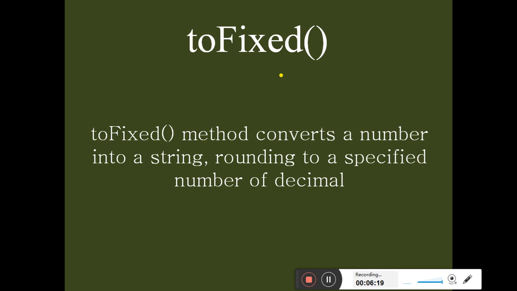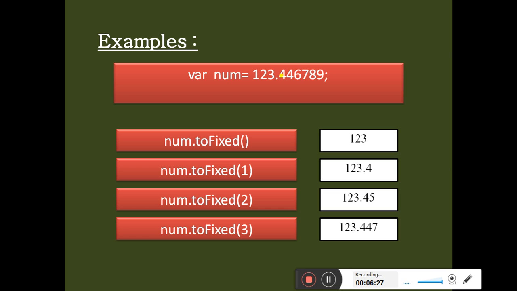This toFixed method will convert the number into a string, rounding to a specified number of decimals. Say for example, here we will take one number as an example. num is equal to 123.446789.